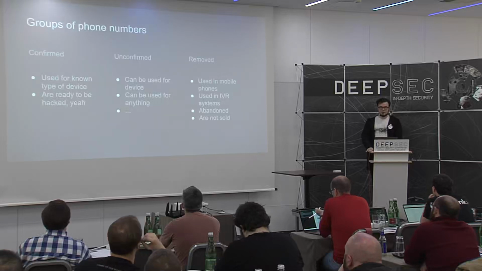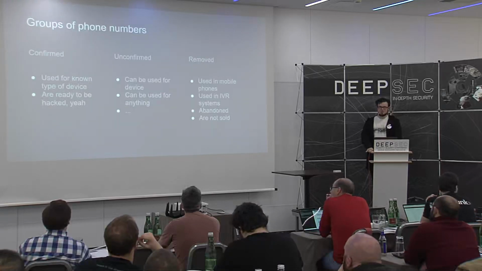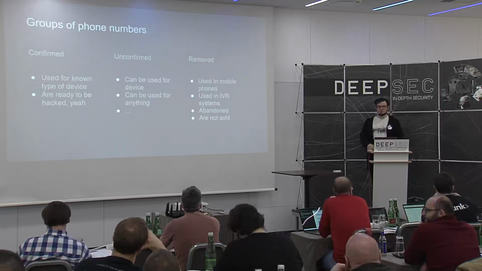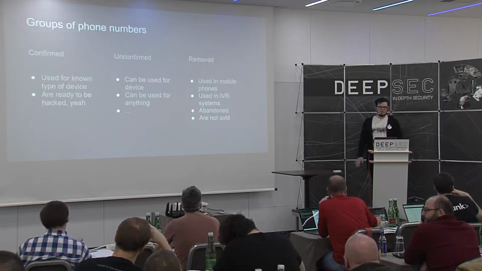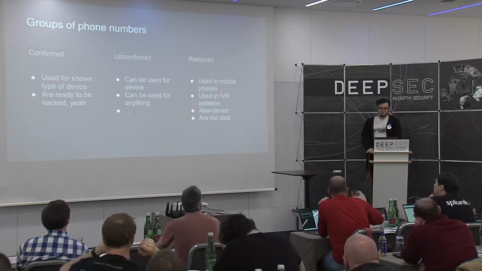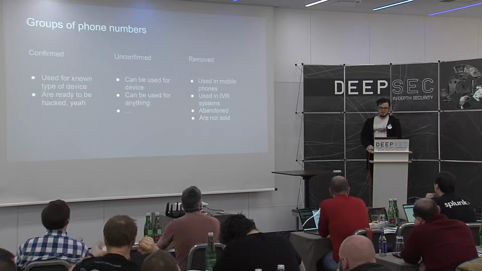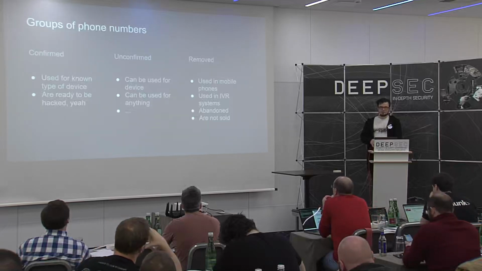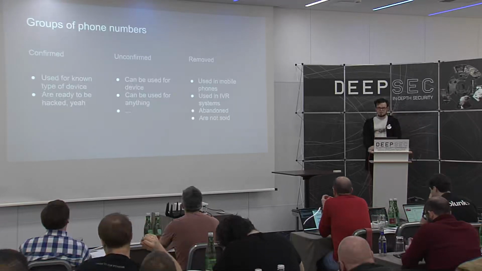When we know that this phone number can be used in the device, in the typical mobile phone, in some IVR system, we should try to get information about phone numbers from this group. And we have some remote phone numbers. It means that we know that it is the number not for the GSM alarm, not for the GSM device.